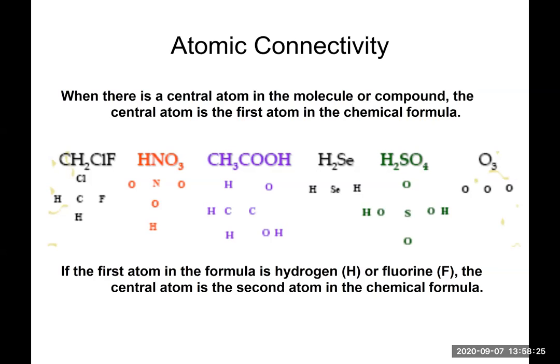If we look at this first structure on the far left, you can see carbon is written first in the formula, and carbon is the central atom in the structure, flanked by two hydrogens, a chlorine, and a fluorine. The next structure has hydrogen first, and we know hydrogen cannot be central, but the nitrogen can be central.